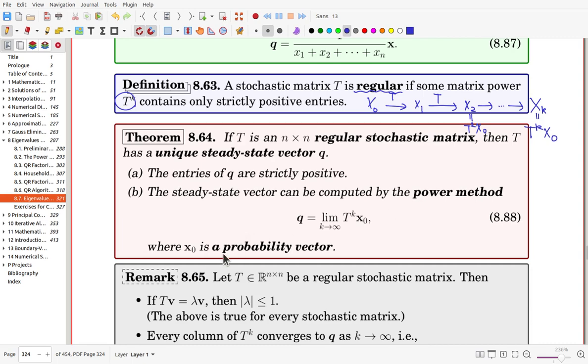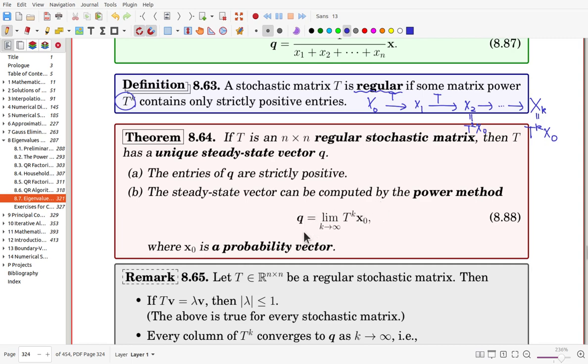From any probability vector x0, we multiply by T again and again, just the power method. Then this converges to the vector corresponding to the largest eigenvalue, 1. The eigenvalue cannot be larger than 1, and the number 1 is the largest eigenvalue in modulus.